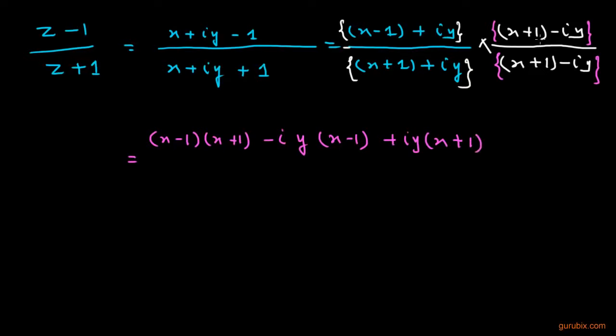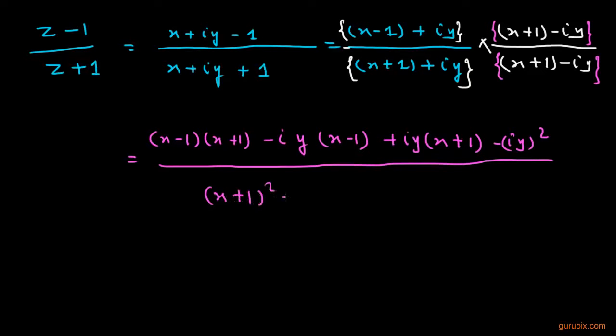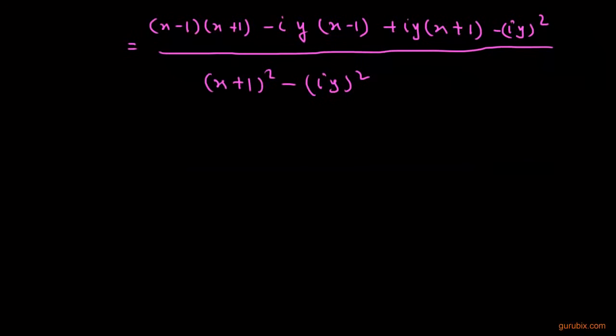And if we multiply iota y with minus iota y, we get minus iota y squared. In the denominator we have (x plus 1) squared minus (iota y) whole squared. If we further solve this, we get x squared minus 1, because we can apply the identity (a minus b)(a plus b) equals a squared minus b squared.